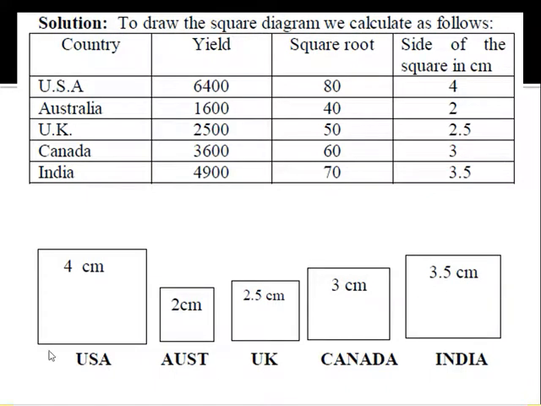This is how you draw a square diagram. The scale should also be given. If you get a square having each side of length 4 centimeters, then you have to decipher the value as 4 into 20, the whole square. This is how you prepare a square diagram.